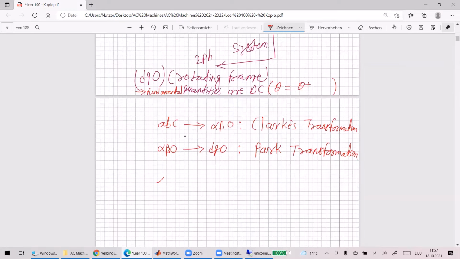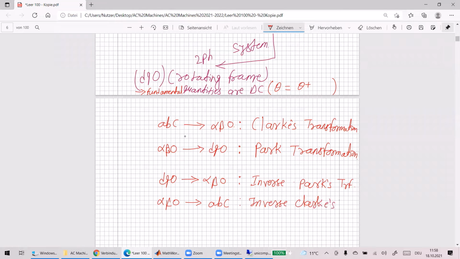And of course, if you do the reverse, DQ0 to alpha beta 0, it is called the inverse Park transformation. And if you do alpha beta 0 to ABC, it is the inverse Clarke transformation.